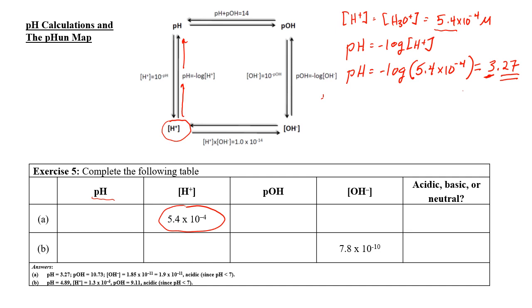So I'm not a real stickler for this at this point, but it's a thing. That's how you do it. So we have our pH is 3.27.